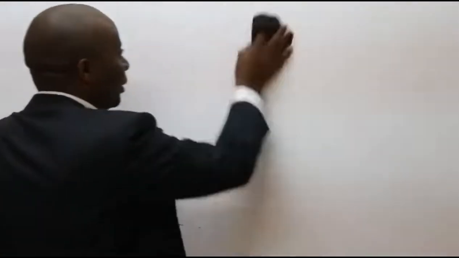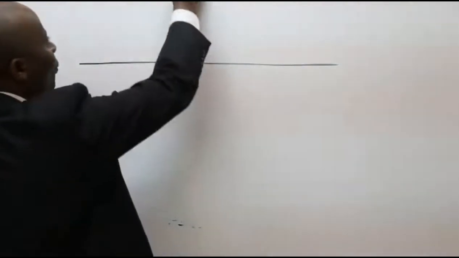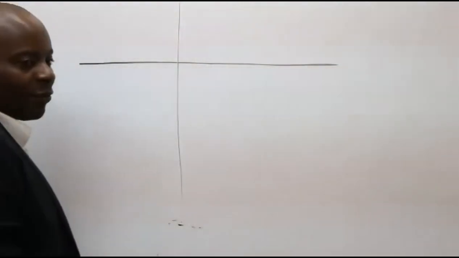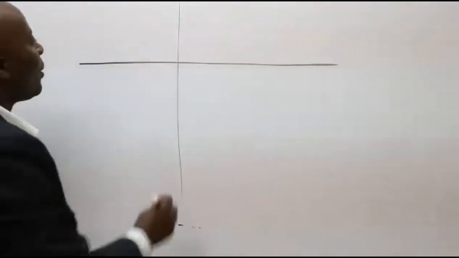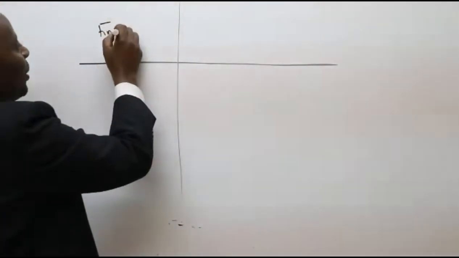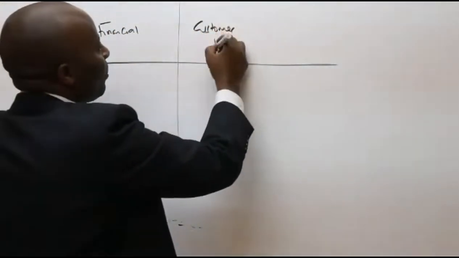If you remember very well, there is a time I spoke about balanced scorecard. We say that a balanced scorecard looks at the performance of an entity from how many perspectives? 4 perspectives. So we have the financial perspective. We have the customer perspective.